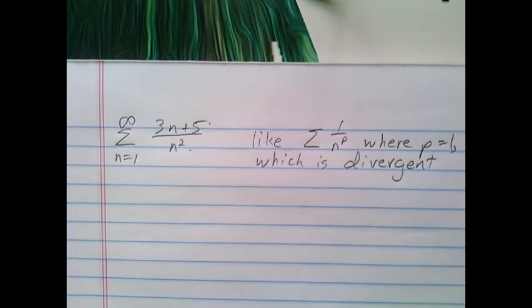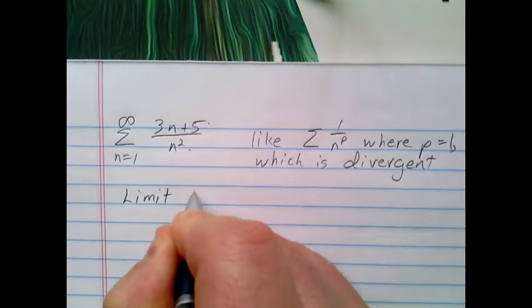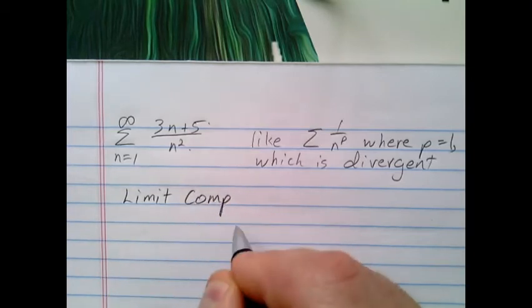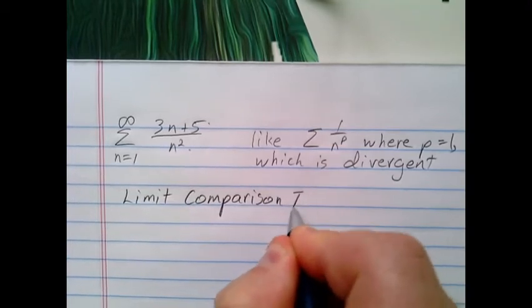Okay, so I would expect this to come out to be divergent. Okay, and in fact, if I do a limit comparison test, let's do that first. This is what we learned how to do in section 3.4. Limit comparison test.